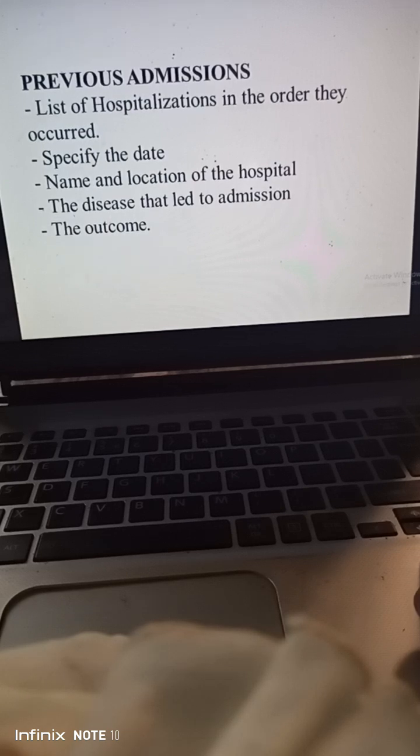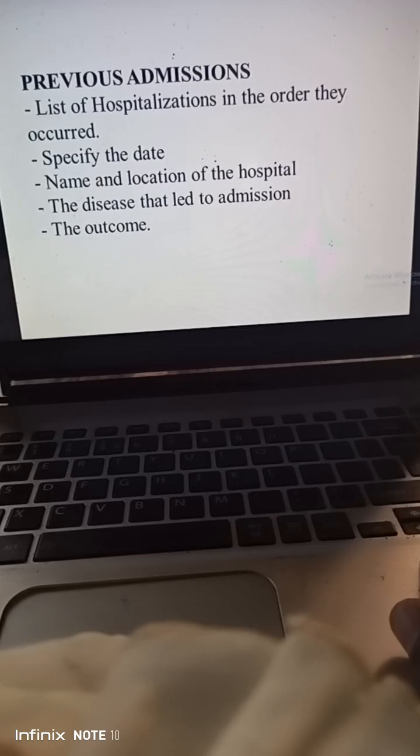The other is previous admission of the patient. Already we have tried to mention some important clues about previous admission. You have to list the hospitalizations in the order they occurred. You have to specify the date, the name and the location of the hospital, the disease that led to admission, and what the outcome was.